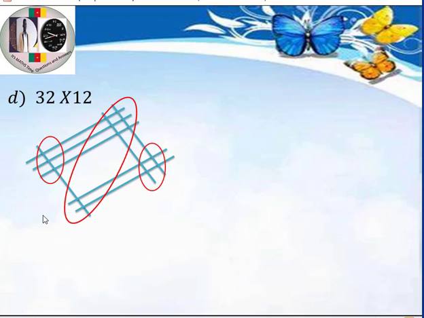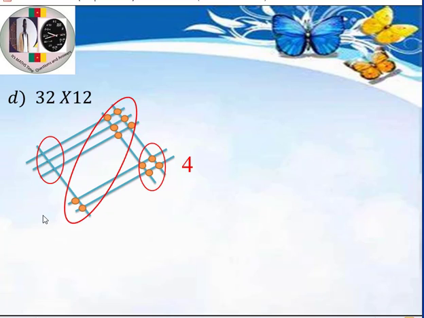So in the first region, let's count the number of intersections. We have 1, 2, 3 and 4. So at that position, the number there will be 4. In the diagonal region, we have 1, 2, 3, 4, 5, 6, 7, 8.